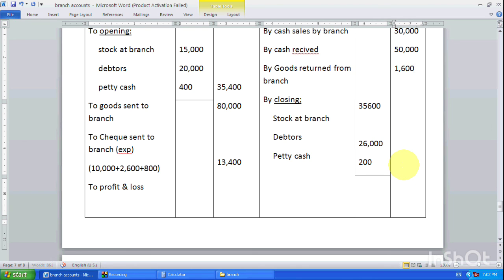Okay, in small figures we can directly calculate orally.